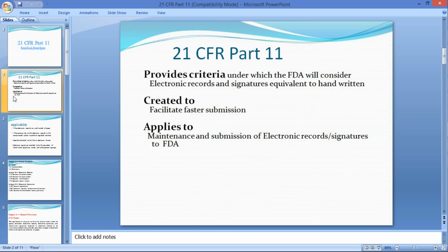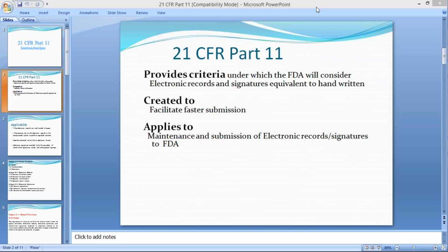It will provide the criteria under which FDA accepts electronic records and signatures as equivalent to paper records and handwritten signatures. It was created to facilitate faster submission.